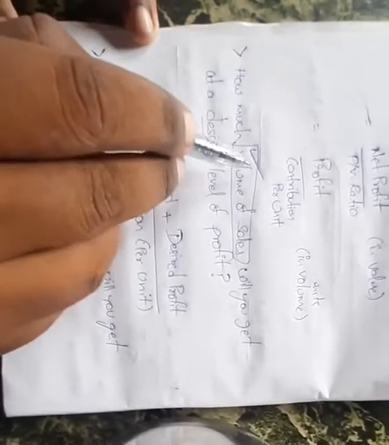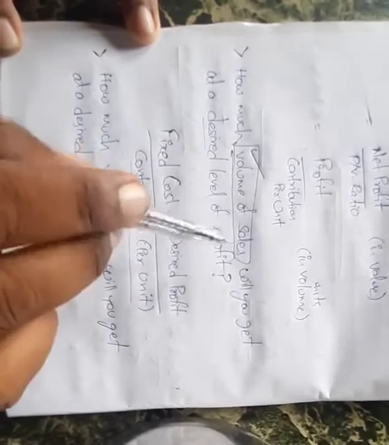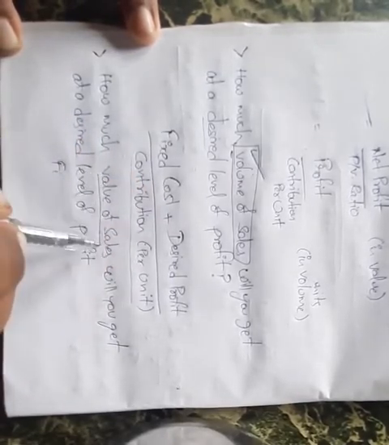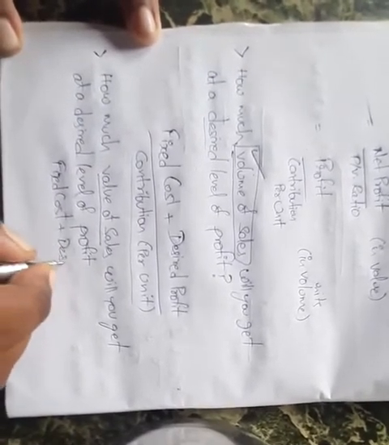So here the formula, you can easily guess: when in the volume of sales it is contribution per unit, when we ask for value, we get again fixed cost plus desired profit.